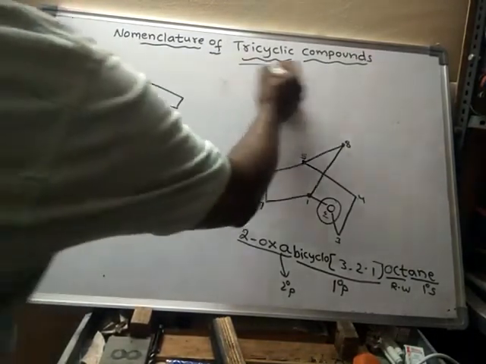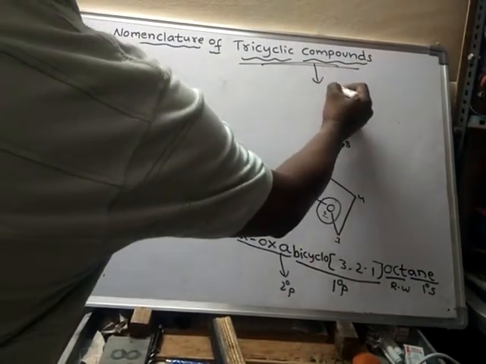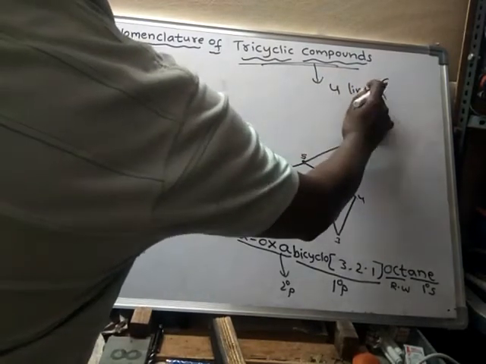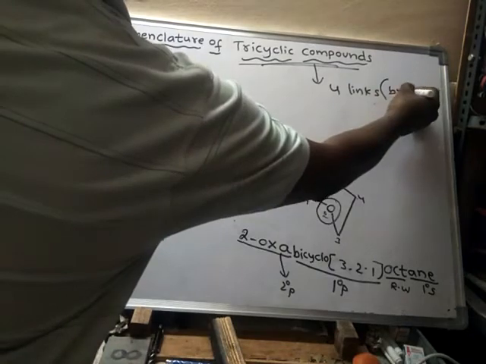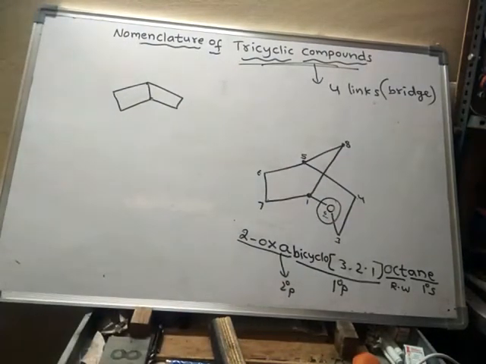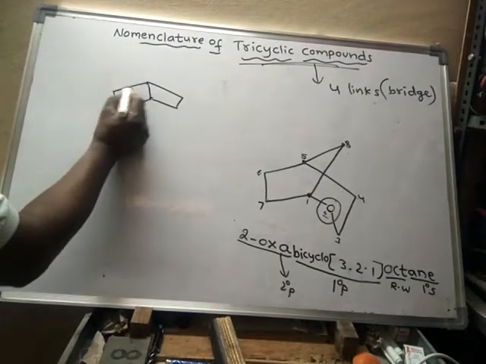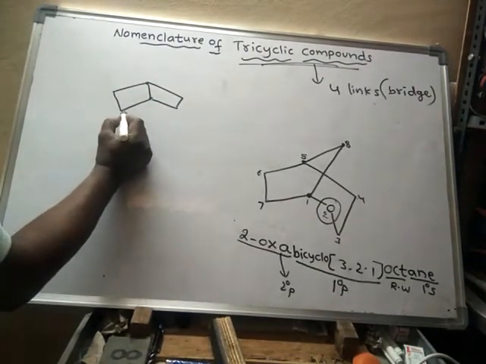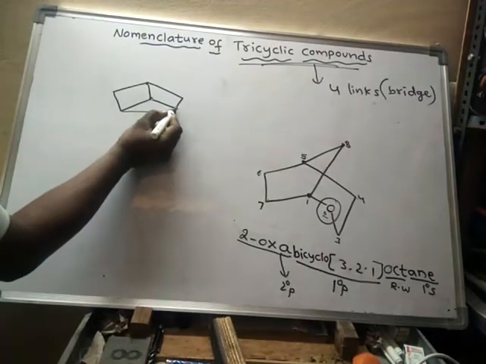In tricyclic compounds there are four links, or four bridges. Link is also called bridge. So these are the primary bridges. Now this is a secondary bridge.